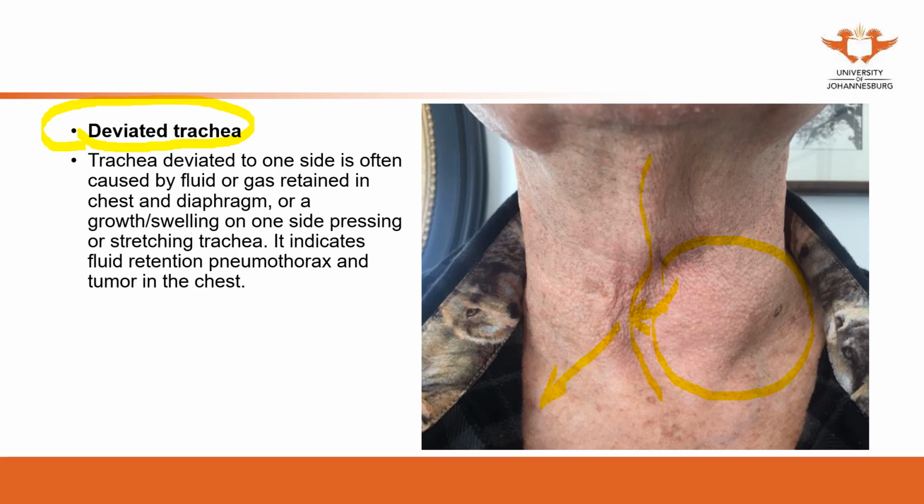For this problem, especially tumor or cancer and water retention, in clinics we don't really use acupuncture, although from the theories we can use acupuncture to treat, because no matter what the cause of this deviated trachea is, we can explain it with the symptoms and the theories.